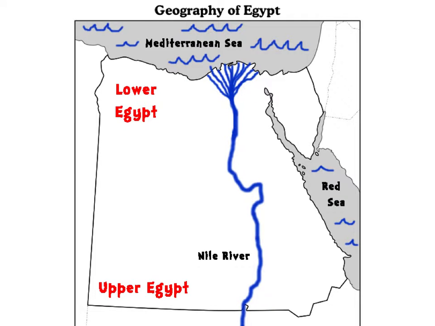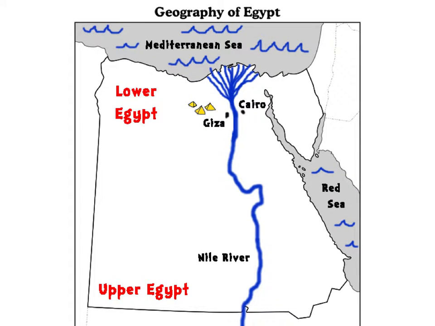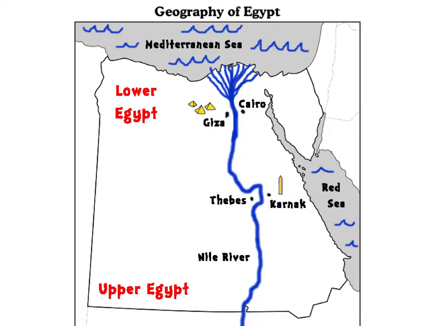We also labeled the other bodies of water around Egypt, the Mediterranean Sea on top, the Red Sea to the side, and then right where the Nile starts to fan out into its delta, we have Cairo and Giza, the pyramids of Giza, where the Great Pyramid is and the other massive pyramids.